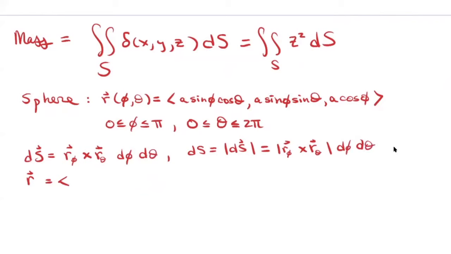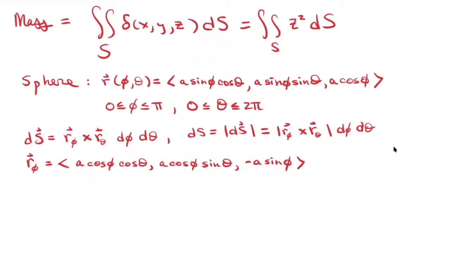We've done something like this before, you may remember, in the context of Jacobians. It's been a while. Anyway, here goes our r phi. So I'm going to do a cos phi cos theta, a cos phi sine theta. And then again, with respect to phi, you'll have a negative a sine phi.